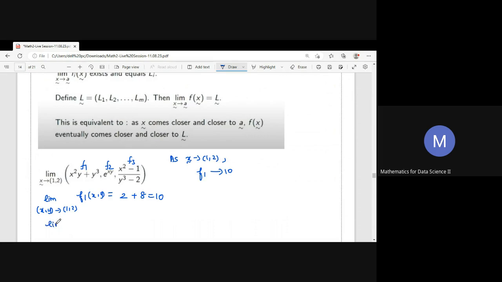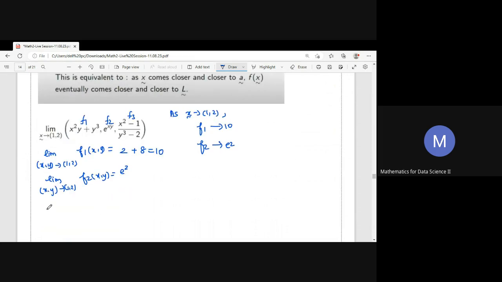Now what happens to your f2? e square. It is simply e square. So your f2 goes to e square. What about your f3? 0. You have to put 1 minus 1, so the numerator is becoming 0. So this f3 goes to 0.